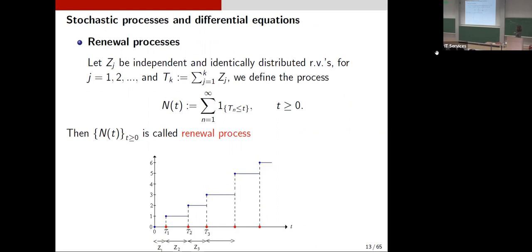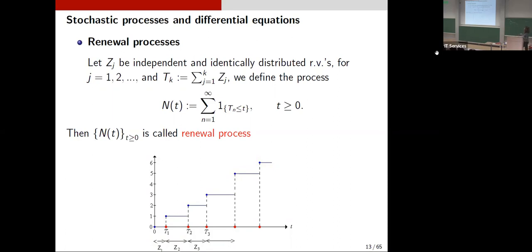In order to define this class of processes, we can start by considering some IID random variables, so independent and identically distributed random variables that I will denote by zeta j, and I will denote by T_k the sum of these random variables up to k.